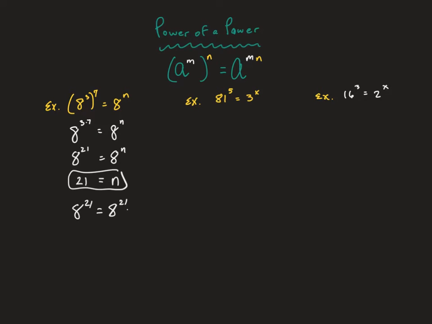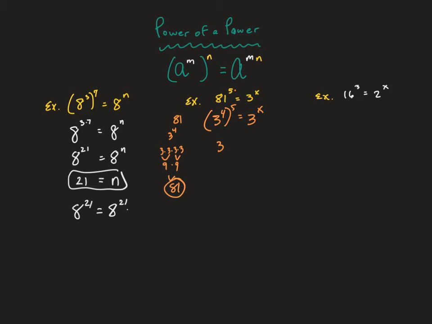So in doing so, just think about it, 3 to the 4th power would give me 81, right? 3 times 3 times 3 times 3 is going to be 9 times 9, which is going to give me 81. So I can rewrite 81 as 3 raised to the 4th power, still raised to the 5th power right here, is going to be equal to 3 raised to the x power.